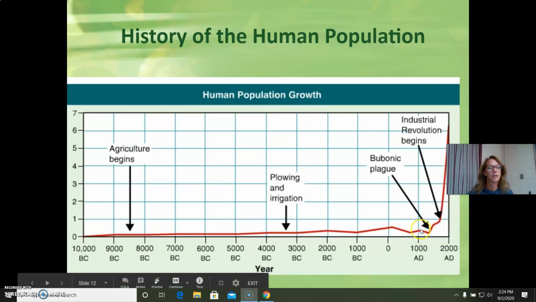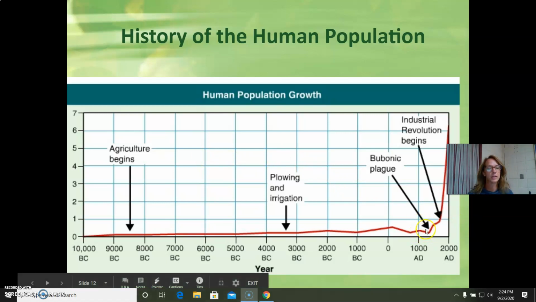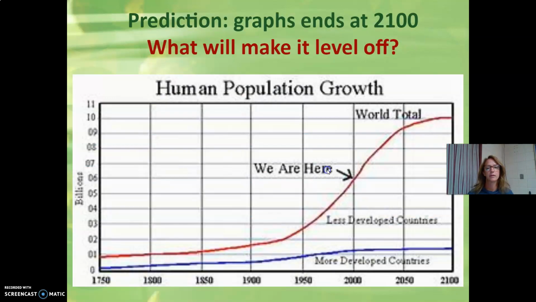The same thing is kind of happening with COVID. Our population is up. Because we are crowded, we are spreading this disease rapidly, and we are experiencing a die-off that shouldn't normally happen. It could be worse. I don't think it's as bad as scientists were predicting, but we are in a little niche like this where our population is going down because of a virus.